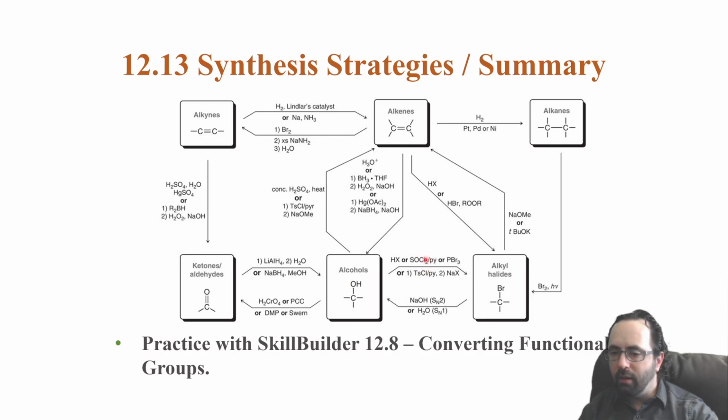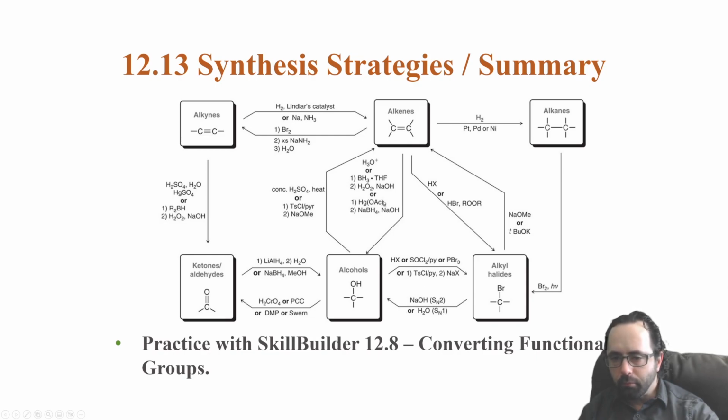Alternatively, you can use SOCl2 and pyridine to replace the OH group with a chlorine atom, or PBr3 to replace the hydroxyl group with a bromine atom. These tend to be very synthetically useful reactions, particularly if you want to do an elimination after and produce an alkene. To go backwards and turn the halide into an alcohol, you would do an SN2 reaction with a hydroxyl group or an SN1 reaction with water.